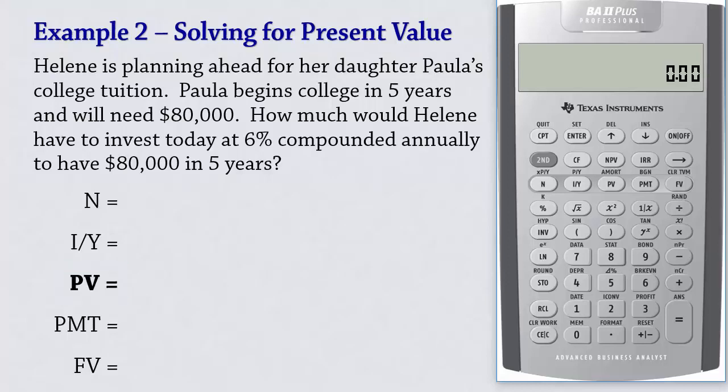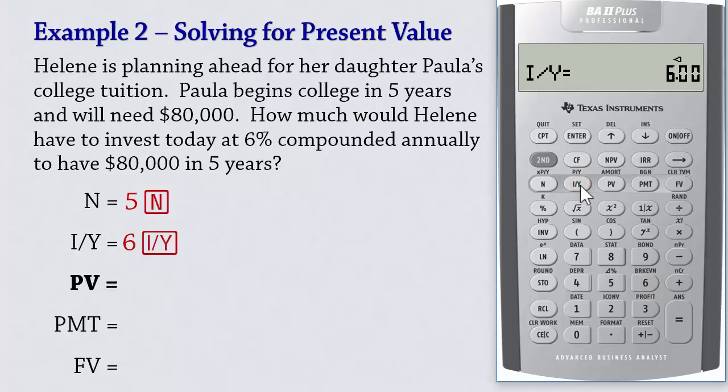We begin by clearing the time value of money entries by pressing Second, Clear Time Value of Money. Since the duration is 5 years and interest is compounded annually, we input 5 for N by pressing 5 N. For 6% interest rate, we press 6 IY.